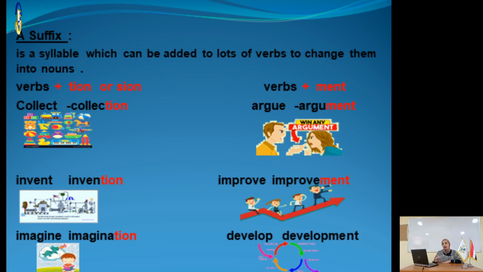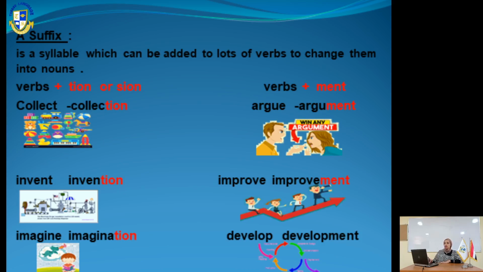Imagine and imagination. I want you to have a great imagination because I want you to imagine that you are in a plane and it's going to travel to the farthest place you want. Now maybe we add "-ment" to the end of the verb and change it into a noun also.